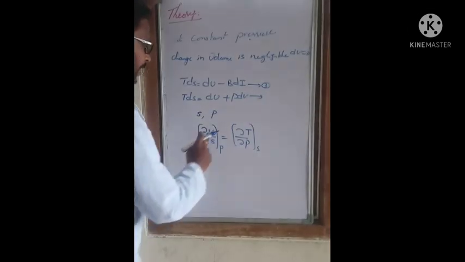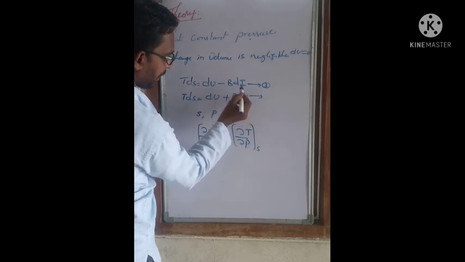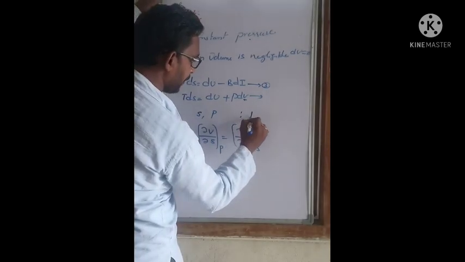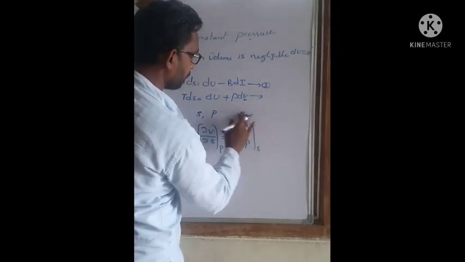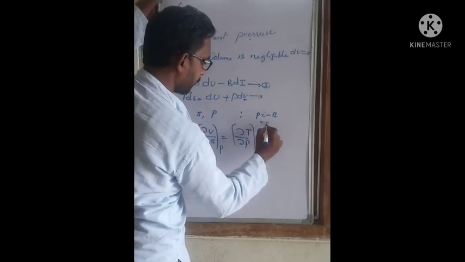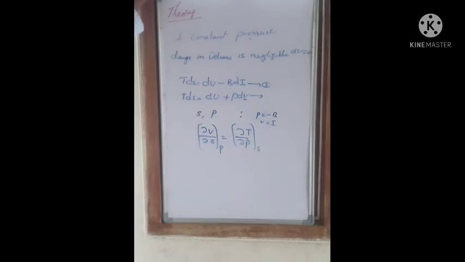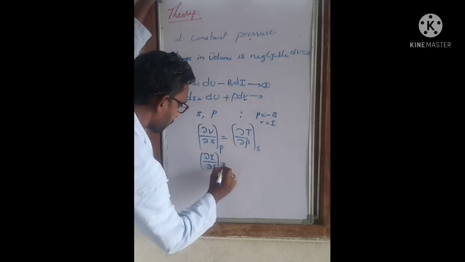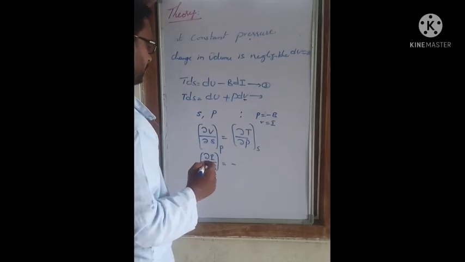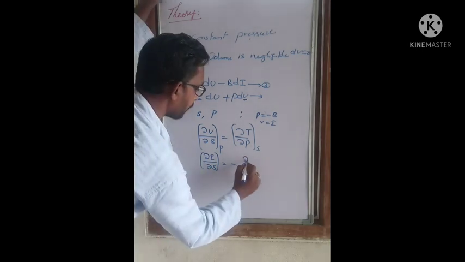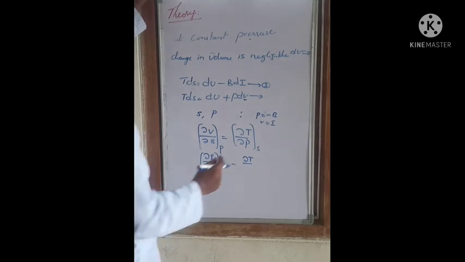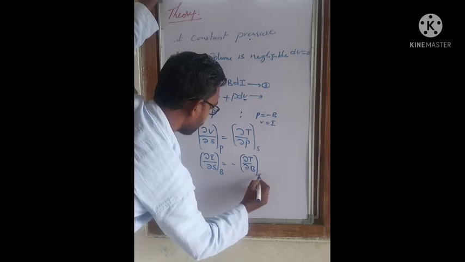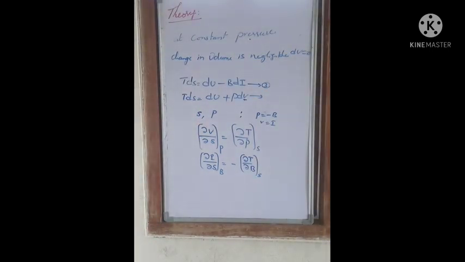Now we have to replace V by I and replace P by minus B. So what we get here is ∂I/∂S equal to minus ∂T/∂B, with B and S as the constant variables.